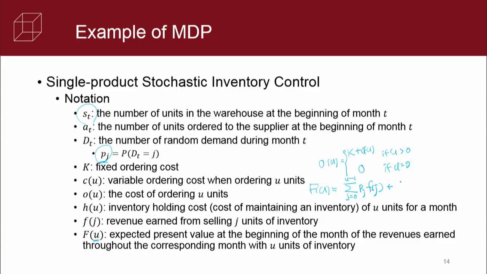And if demand is greater than or equal to u units, because you only have u units on hand, even if demand is more than u units, you can only sell u units. So that is the revenue you are going to earn in the case when the demand is greater than or equal to u units, and you should multiply by the corresponding probability. That is the expected revenue, F(u).